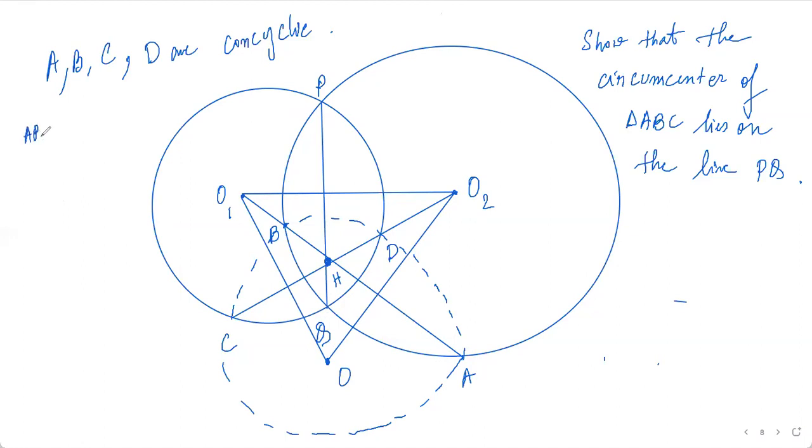So AB is perpendicular to OO2 and CD is perpendicular to this O1O. And now, notice that this H is nothing but the orthocenter of triangle OO1O2, right?